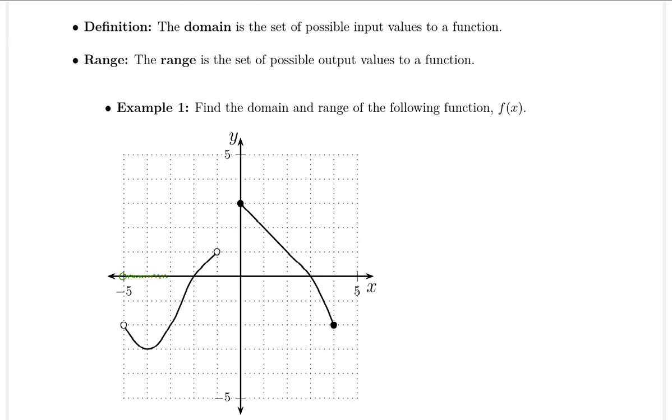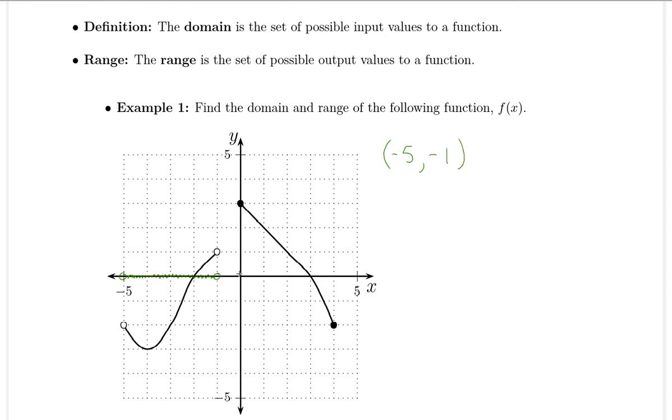And all the x values from -5 to -1 are part of this graph. And of course we've got open circles here, so the x value of -5 and the x value of -1 are not included. So remember, when that happens, we make sure that we use parentheses rather than brackets.